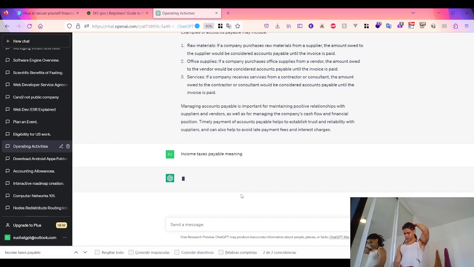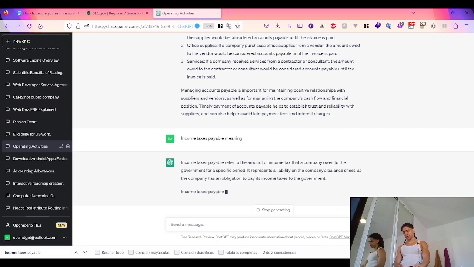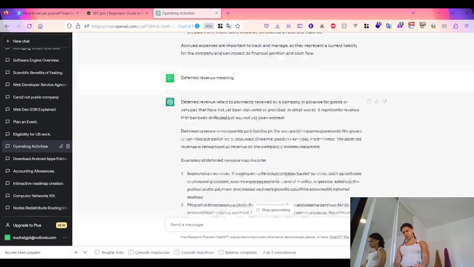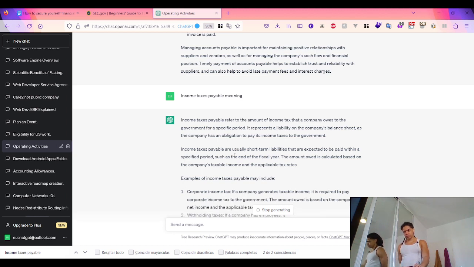Income taxes payable refers to the amount of income tax that a company owes to the government for a specific period. Okay, so what are the subtle differences?